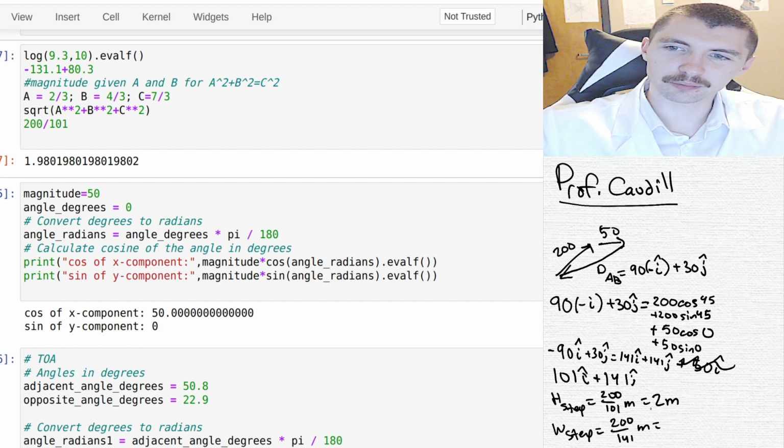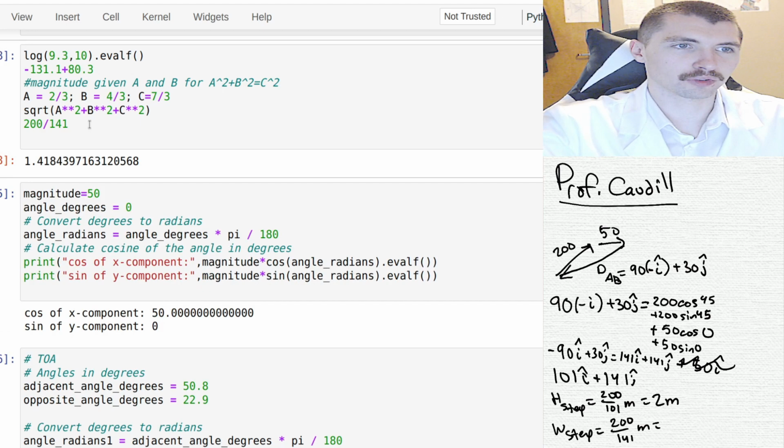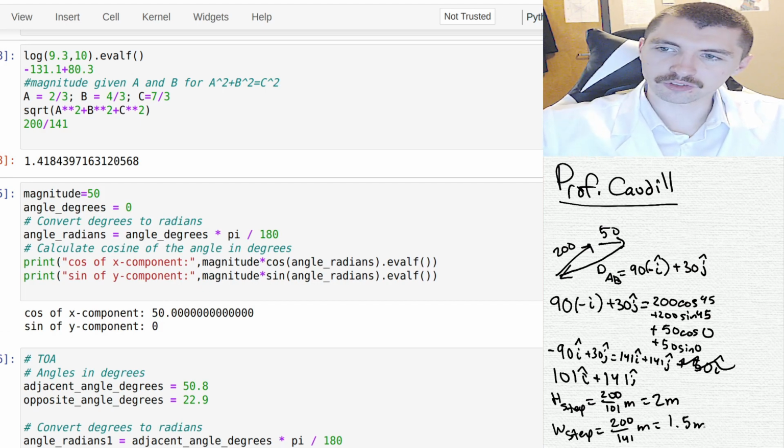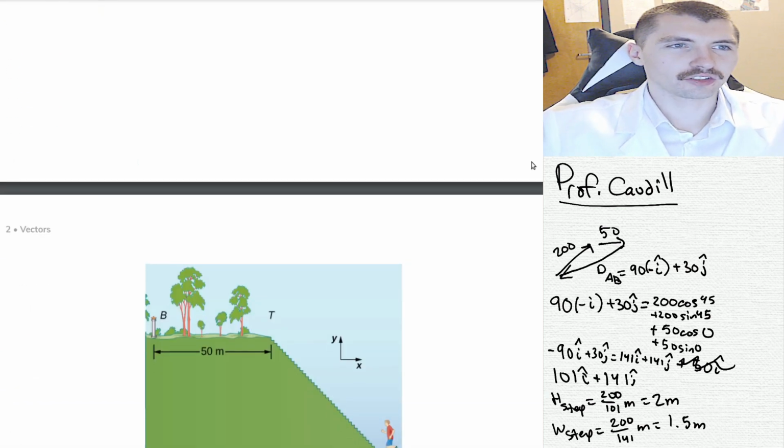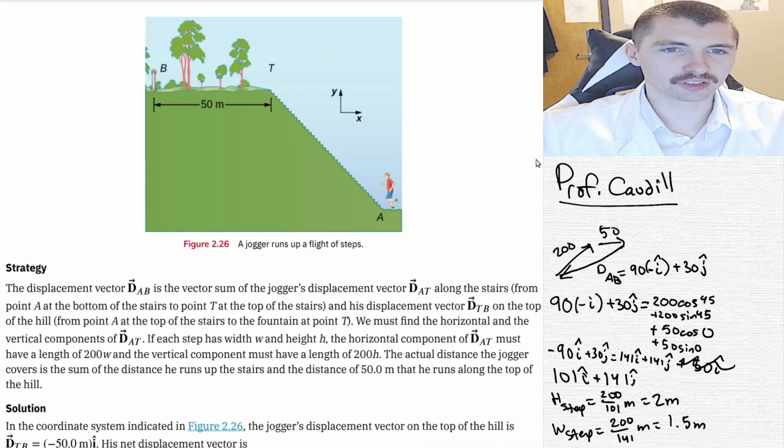That's a big step. I don't think that's right. 1.5 meters. So let's see what the book says.